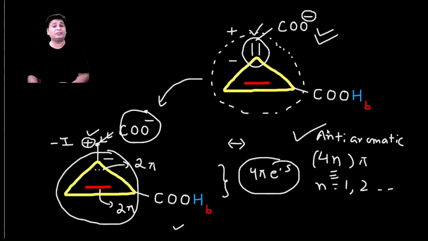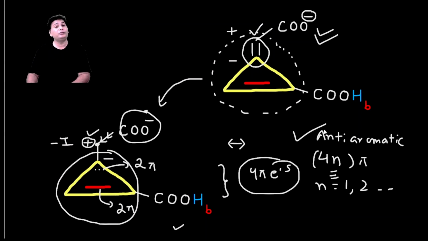And as you understand, bringing anti-aromaticity is not good for the health of the species. Although you did something good for that anion portion, the carboxylate, you have to pay a huge price for that. The price is enormously high in comparison to the benefit you are getting out of that plus charge. So altogether, it is not a good option to release the proton.